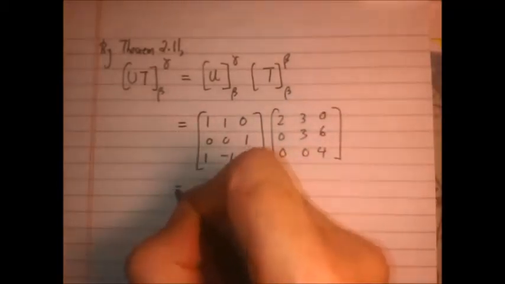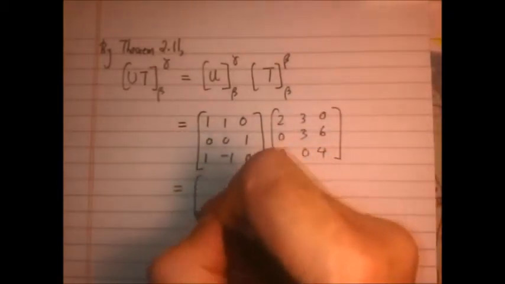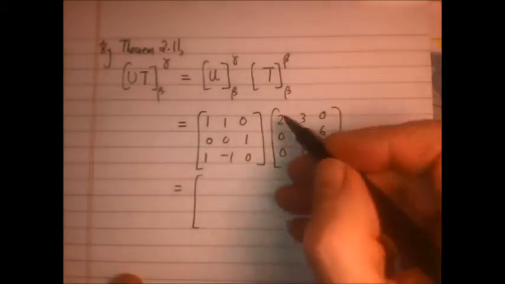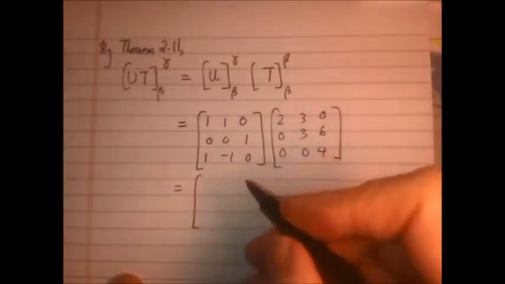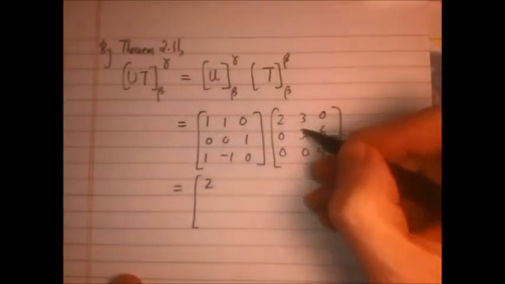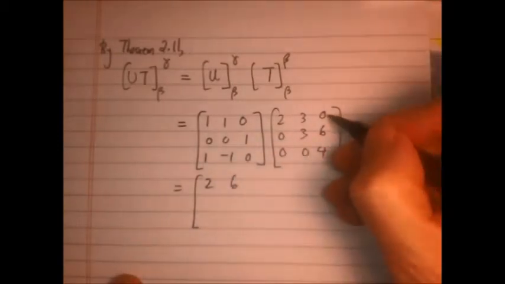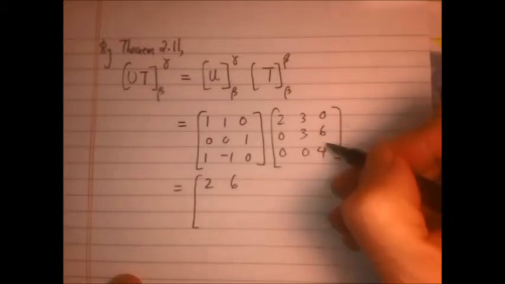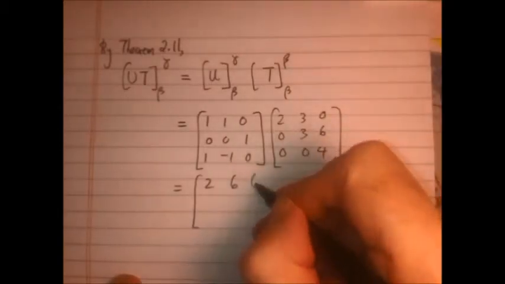Okay, so we just multiply these two matrices together. That'll be a 3 by 3 matrix. So in the first entry we'll get 2 plus 0 plus 0 is 2. Then we have 3 plus 3 is 6. Then 0 plus 6 plus 0 is 6.